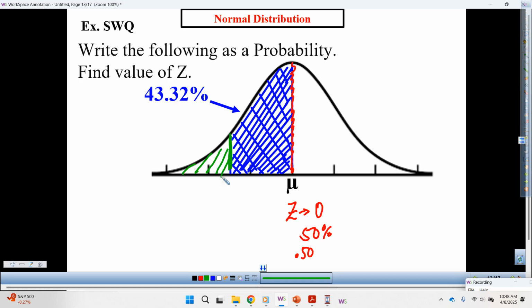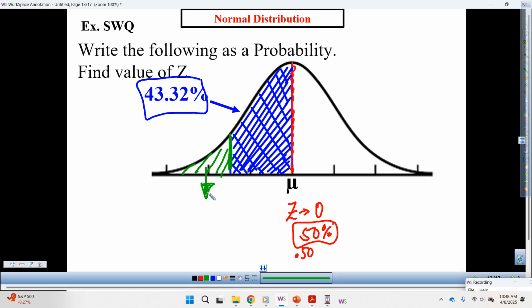Think about it. If this blue area is 43.32% and the entire area is 50%, how do we find this percent? Talk to your neighbor. All right, how do we find that percent?